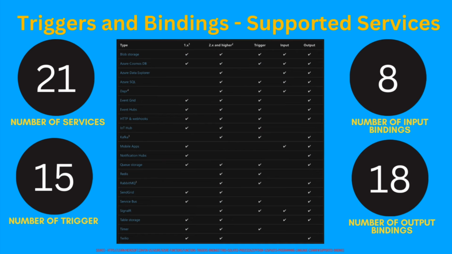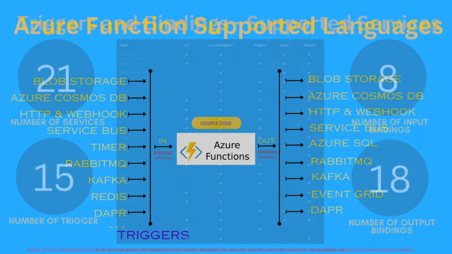That means once the Azure function executes, it can push its output to 18 different types of Azure services, which is very powerful. Hope you now understand what Azure Functions are, what triggers are, what input bindings are, and what output bindings are.